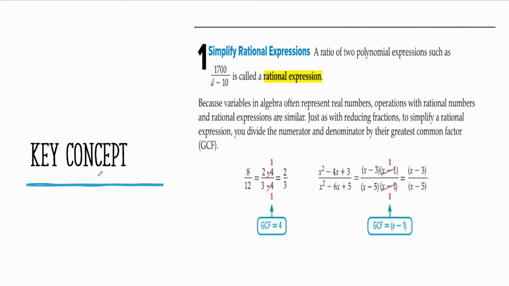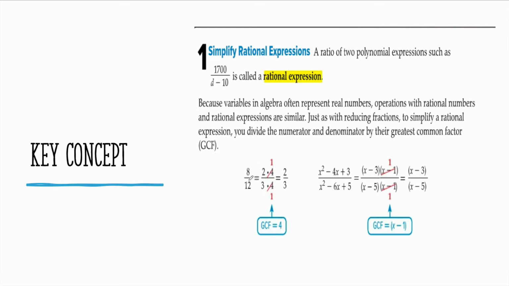Okay, let's start with the key concept. We remember from grade 1 that when we simplify one fraction, we need to find the common factor between the numerator and the denominator, and then cancel. A lot of people don't do that now because we use calculators to just divide.